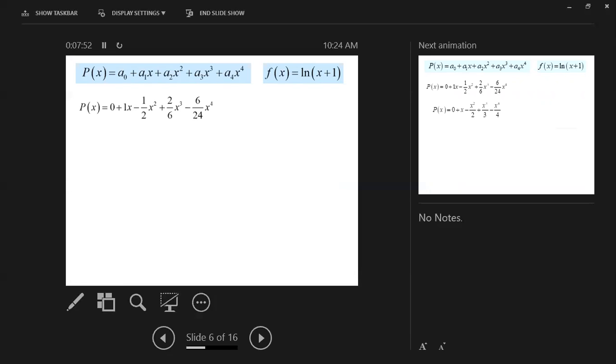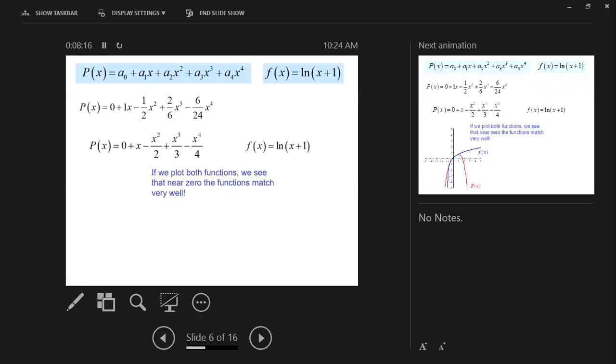Here we go. Putting all those coefficients in there, this polynomial will look very much like the ln of x plus 1. And you can check it on your calculator. If you pause me here, go ahead and put that into your calculator. Or actually, you might want to simplify it, if you actually reduce the fractions. So graph both of these at the same time, and you'll see that they should be pretty close to each other, and they should be actually touching at 0, 0.